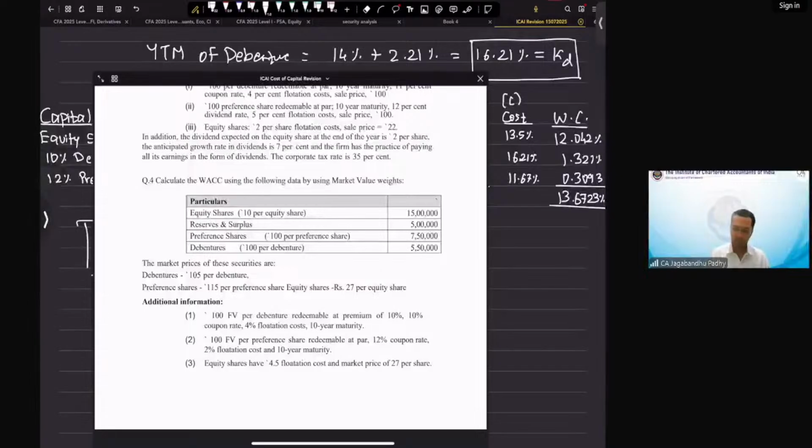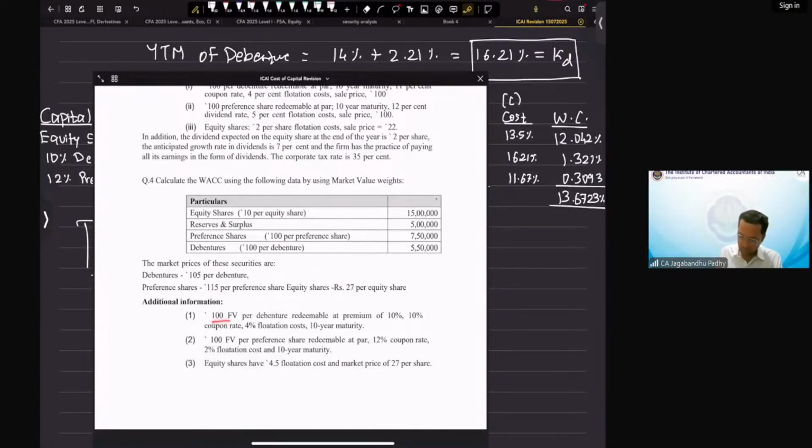It's not the same, but I can say it is a bit similar. You have to calculate the weighted average cost of capital using the following data by using market value weights. Equity shares 15 lakh, reserves and surplus 5 lakh, preference shares 7 lakh 50, debentures 5 lakh 50. The market prices of these securities are debentures 105, preference shares 115, equity shares 27. So these are the market prices given.